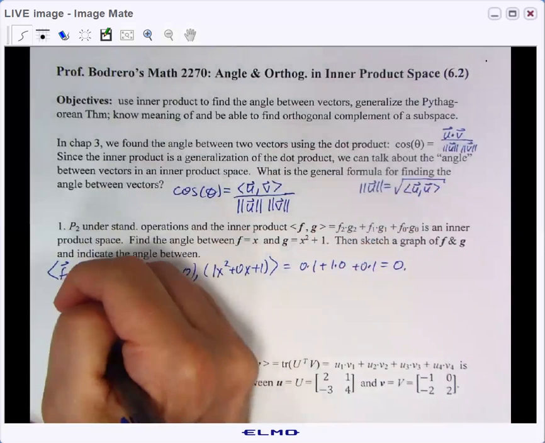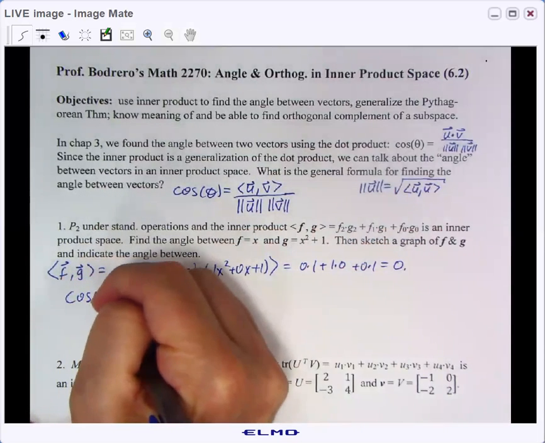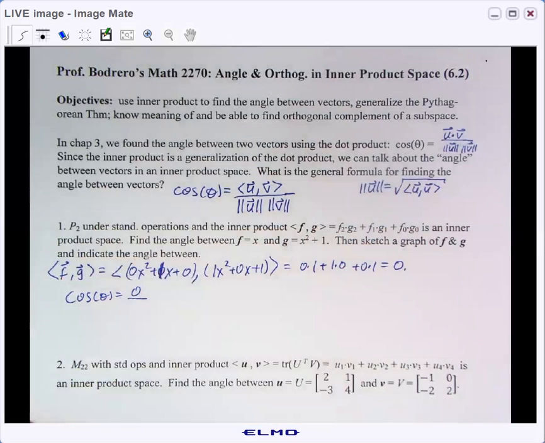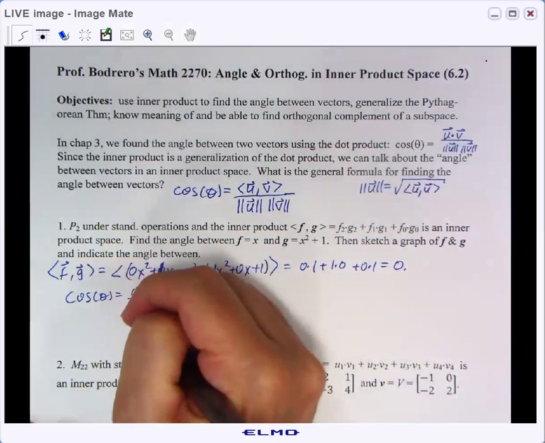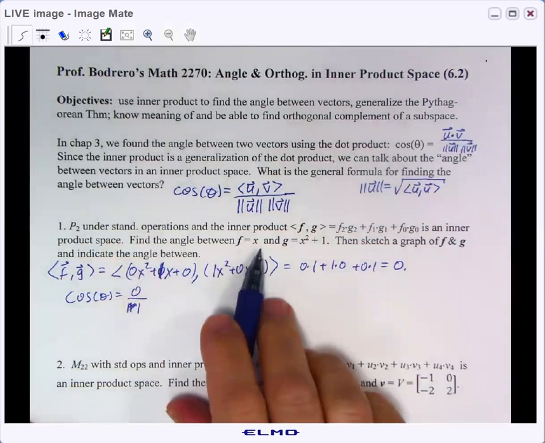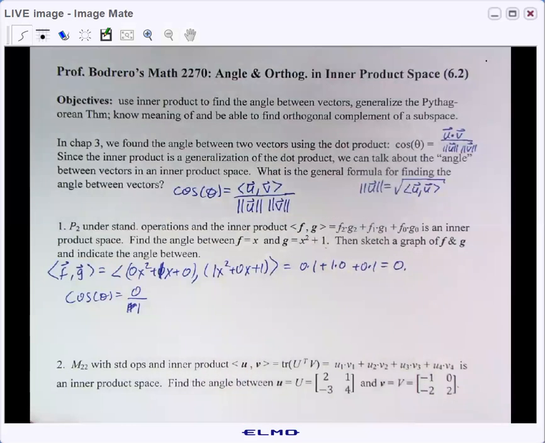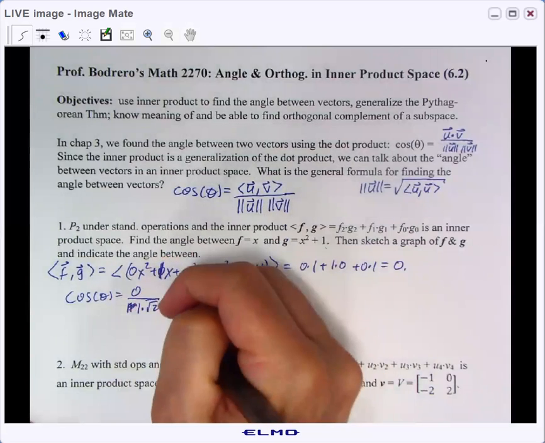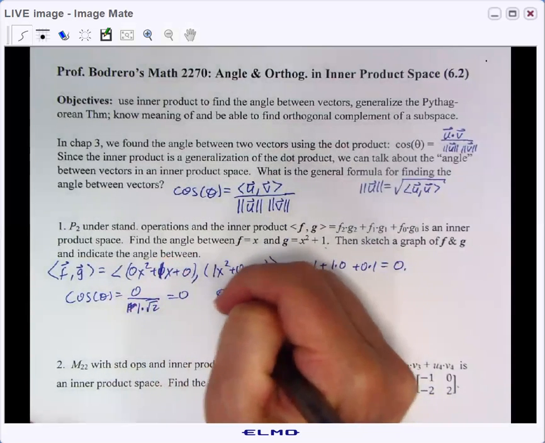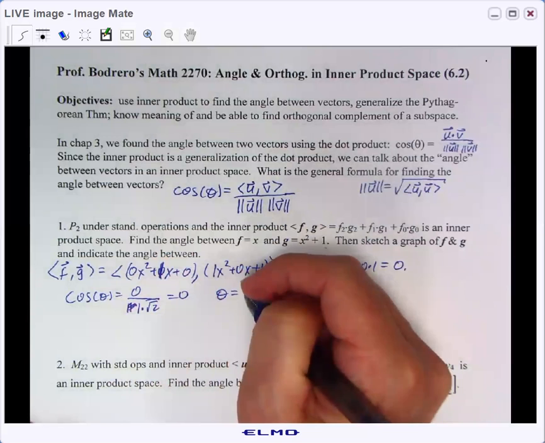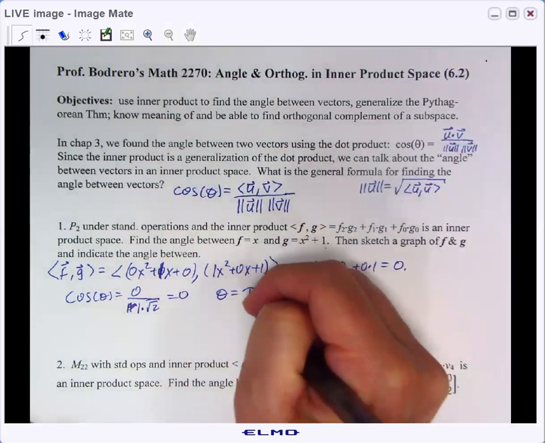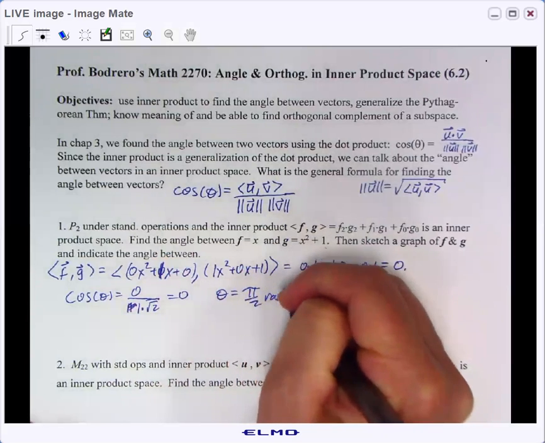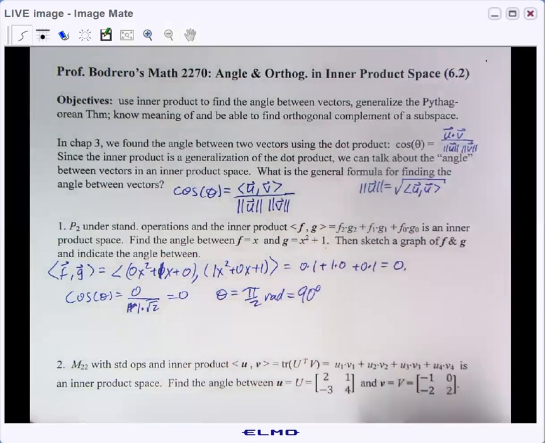So the cosine of theta is going to be 0 over, well, it doesn't matter what these magnitudes are, but they'll be 1 for this one, and 1 squared plus 1 squared is 2, so square root of 2 for the other. 0 over square root of 2 is still 0, and therefore cosine of theta being 0 means that theta must have been pi halves radians, aka 90 degrees.